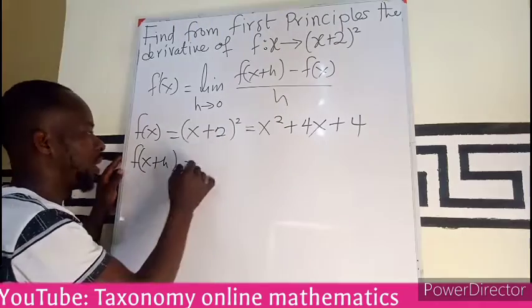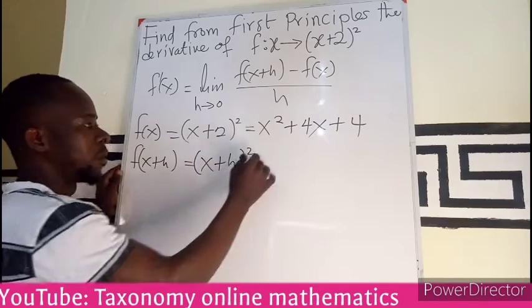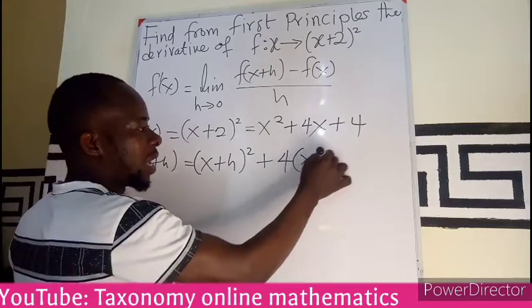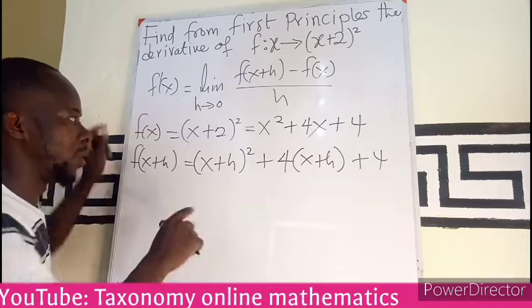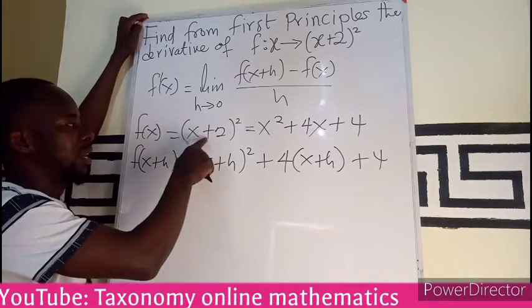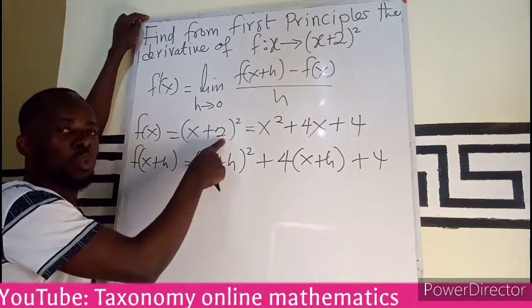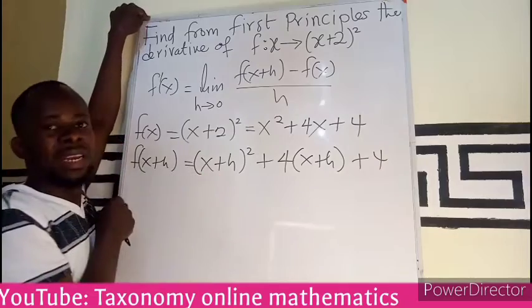So this is just going to be x plus h as x squared plus 4x, which is now replaced with x plus h. Then 4 will be added. We can also do it in the sense that this is going to be x plus h plus 2 all squared. Then if you expand, you arrive at this.